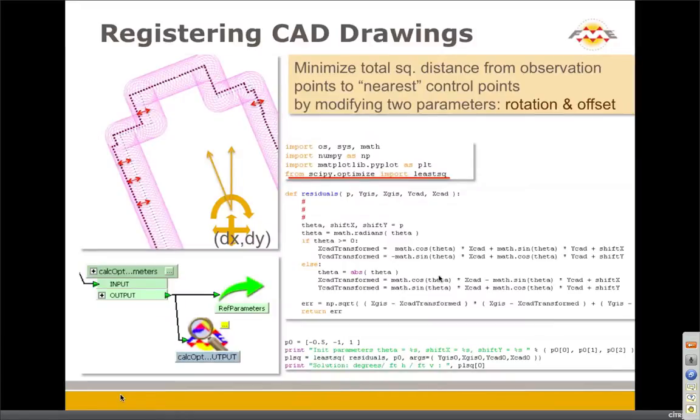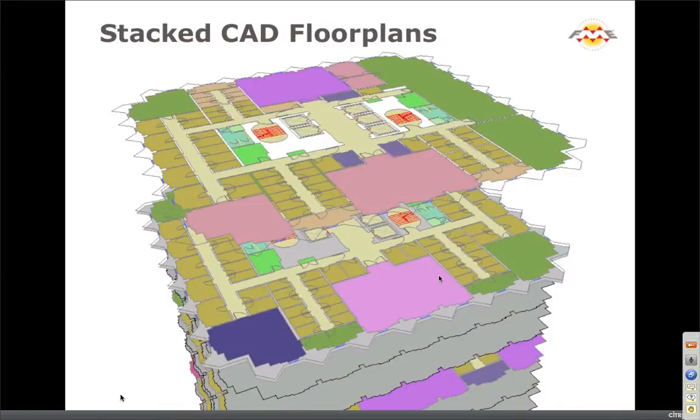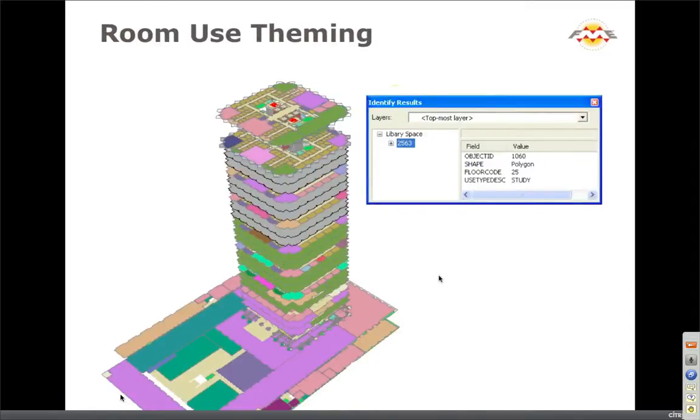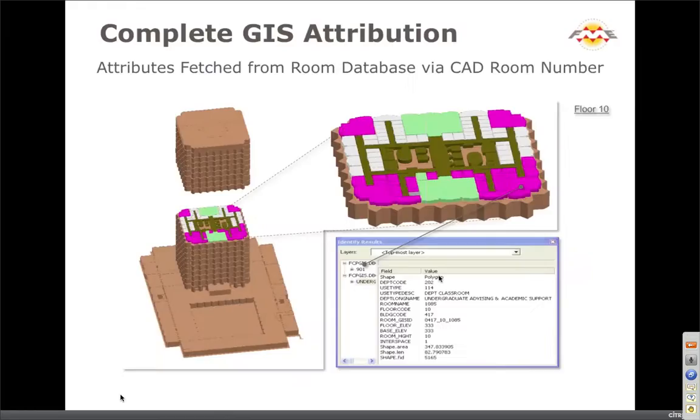They end up fitting those drawings into the real world and then extruding them, stacking the floors on top of each other, and then they go out to a database to attach the information that goes with each room, creating a complete room model for the whole campus in ArcScene. And you can get at all the attributes of every single room and do analysis or other kinds of computations from that. So really quite an interesting and sophisticated example, and they've been doing this kind of thing for several years there.